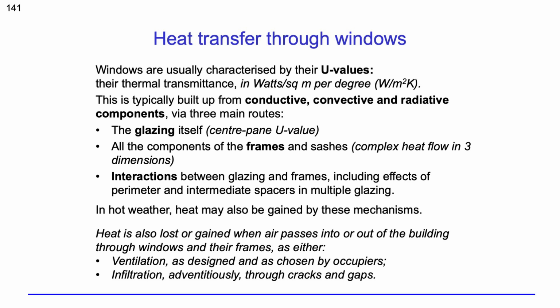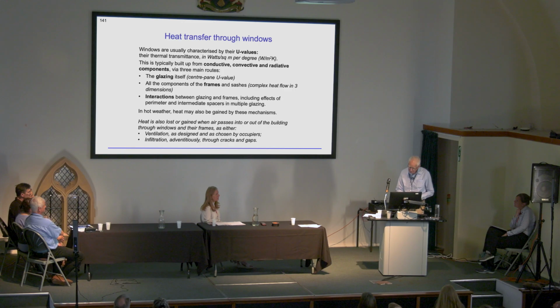There's a convective bit and there's a radiative bit, and the radiative bit is quite important. And windows have been dealing with that rather better in the last 20 years or so, with low emissivity coatings which catch some of the radiation going out on the outside face of the inner bit of the window and send it back in again.